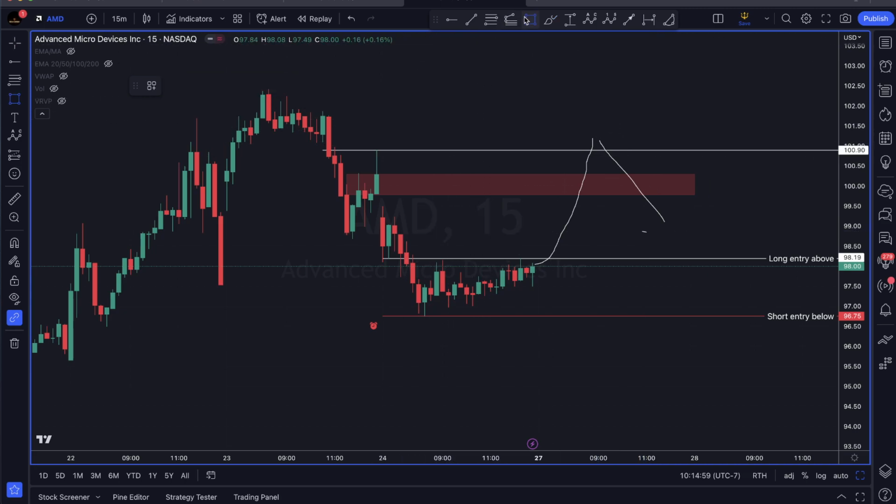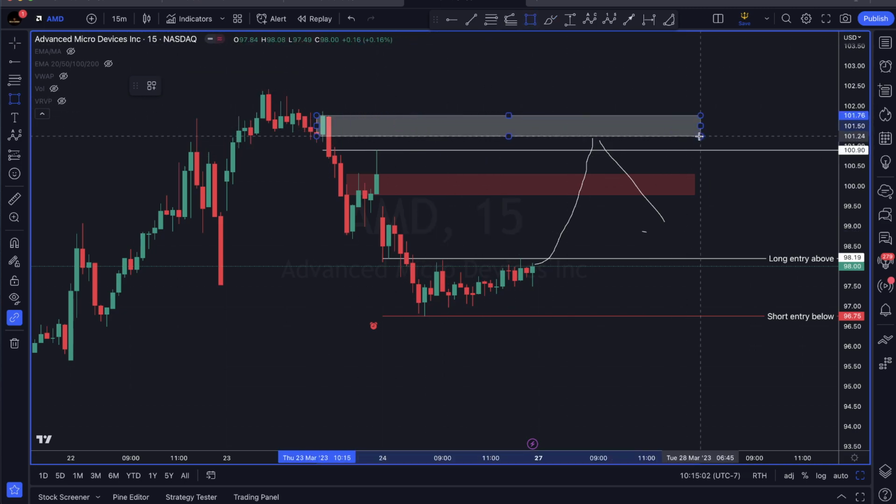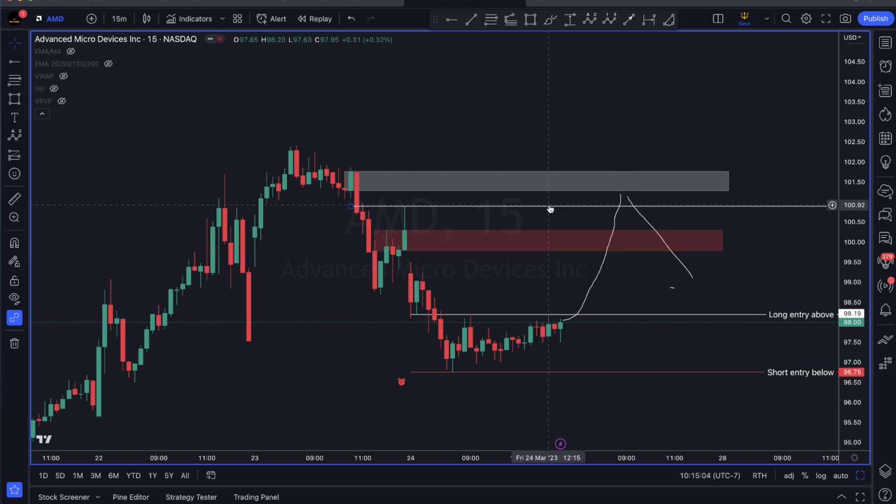Because even though I'm also seeing this is another good supply zone, if the price breaks this level, tests this level and then rejects again, I don't want that.